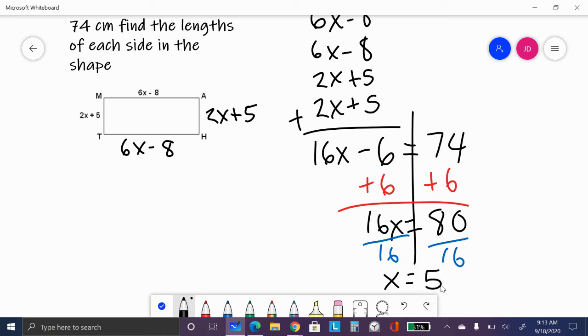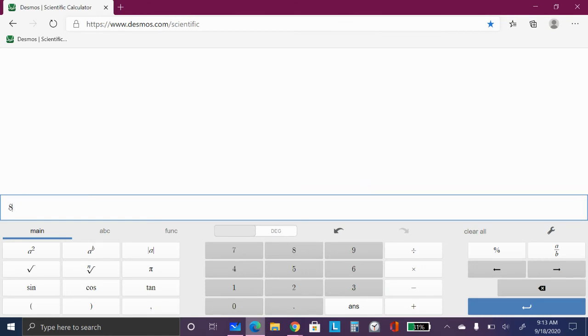We don't know what the sides are yet. But we do that by plugging 5 in. What's 2 times 5 plus 5? You can use the calculator. I don't need a calculator, but I'm just saying 2 times 5 plus 5 is 15.